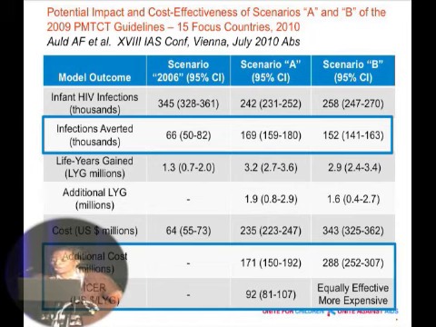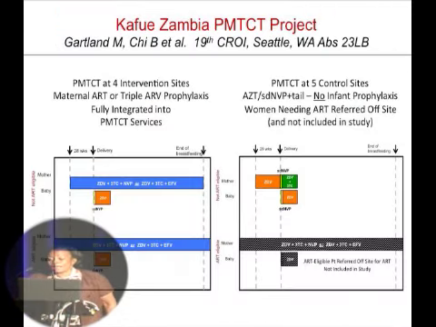But when you look at the cost of what it will take to deliver option A or option B, this is where the discussion in the countries is. Nobody's talking about operational feasibility, they're talking about cost. And they're reflecting back on how many women they're going to have to treat, and what this means for them. So the discussion then becomes option A is easier, but actually option A may not be easier.